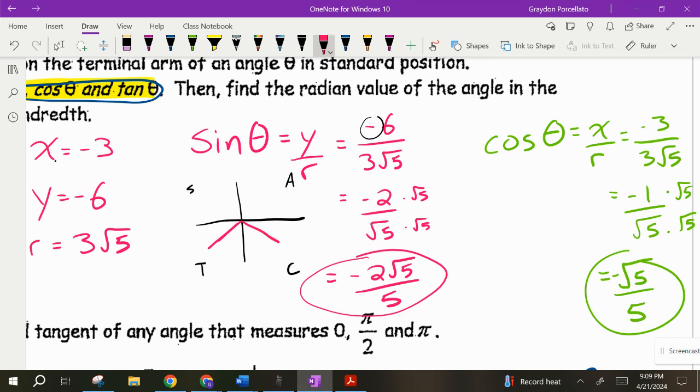So when I take the sine inverse, and this is really important to understand how your calculator works, of negative 2 root 5 over 5, we got negative 1.1. That is this angle right here. Your calculator is always going to give you the angle that's closest to standard position, closest to your initial arm. So that's the value we got there.